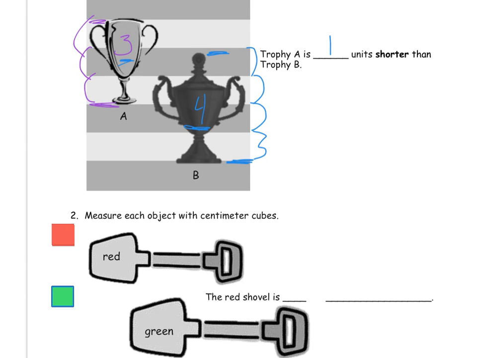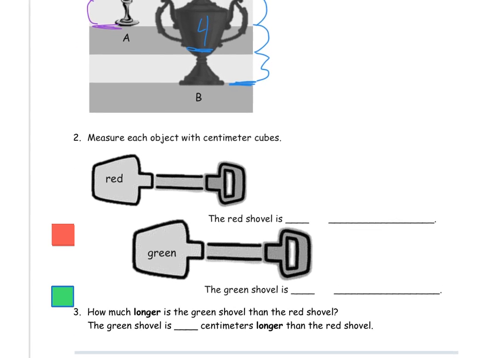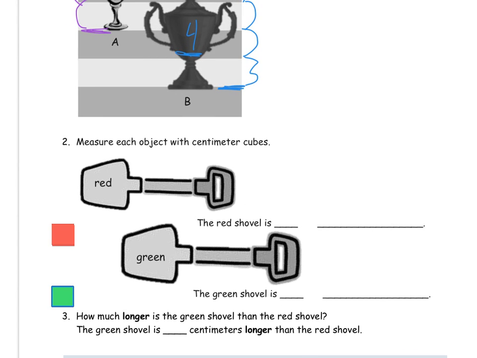If we take a look further down to number 2, we have measure each object with centimeter cubes. So I'm going to take these red ones and I'm going to match up endpoints here. And remember, with these, I want to try to keep them as close as I can without having a lot of gap, actually having no gap.